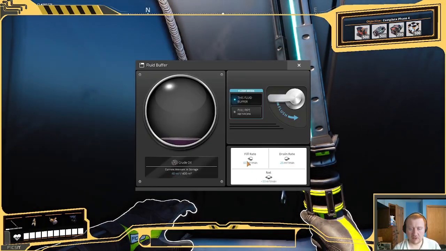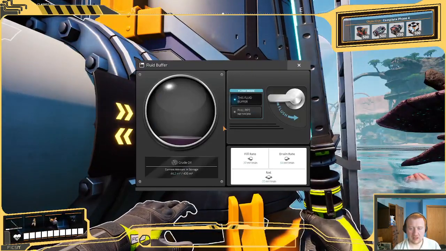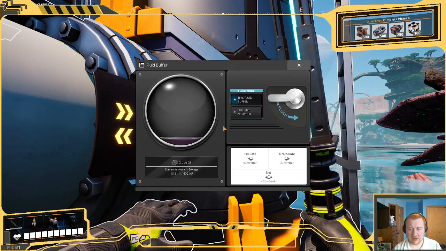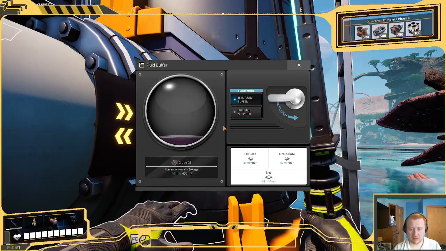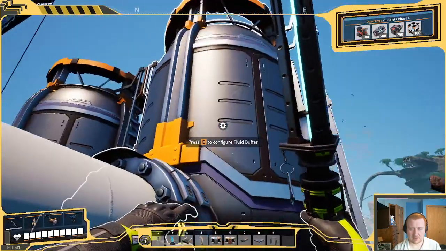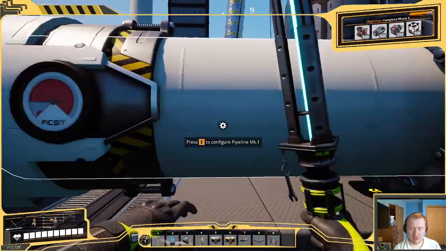You pretty much see that there really isn't going to be negative net. For the most part, it will be positive. There is a little bit of sloshing because it's trying to go between this buffer and this pipe.